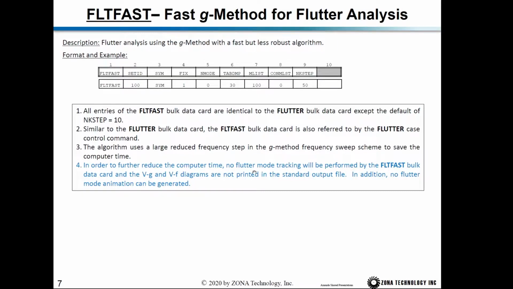The flutter card performs flutter mode tracking and prints out the VG and VF diagram in the standard output file, and also it can generate the flutter mode animation file. But that's a lot of overhead for flutter analysis with the flutter card. If you use a fast card, those overhead costs will be removed. In addition, the NK step default is 10. The flutter card default is 25.